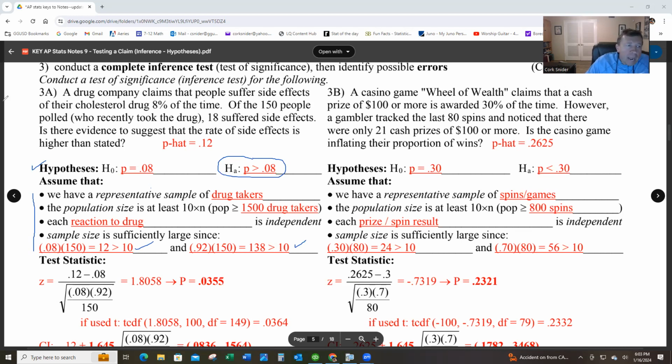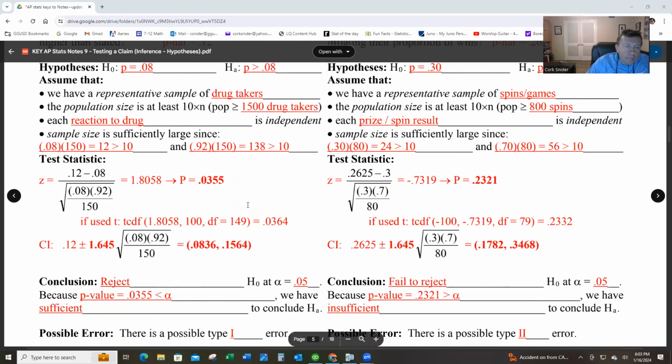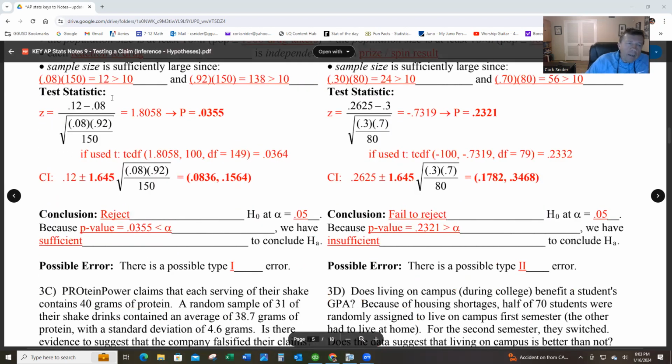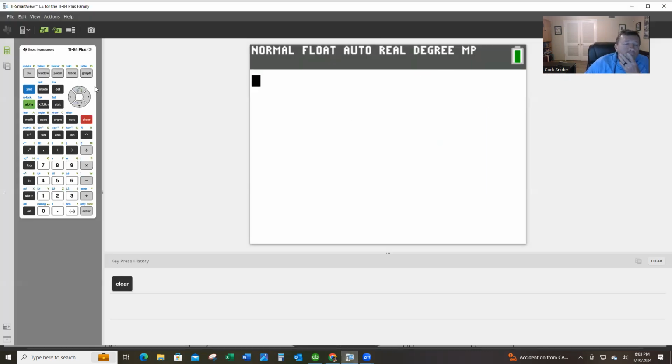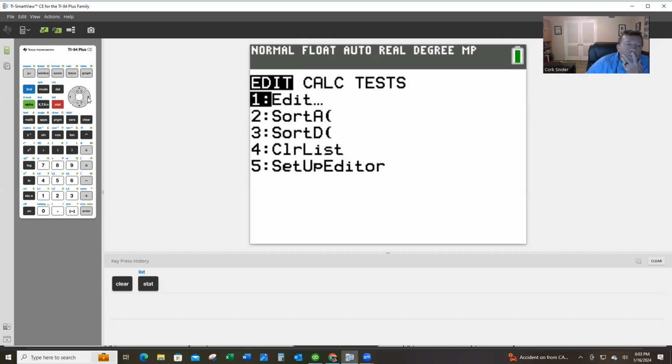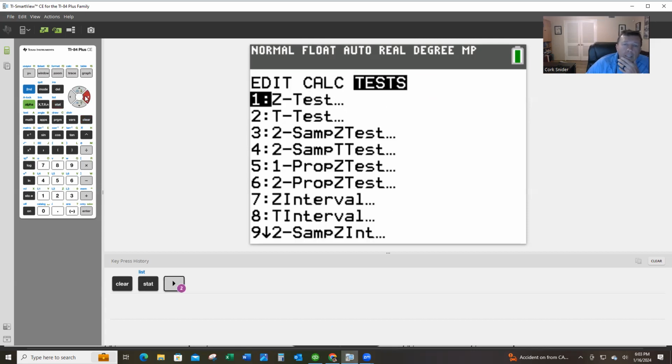Now, the next part, we're going to do this on the calculator. Your test statistic, which you can do an interval or the test statistic. You can do either one. Let's do the test statistic, but on the calculator. Here we go. You're going to go stat, and you're going to go over to tests. And then you're going to do a one prop z test.